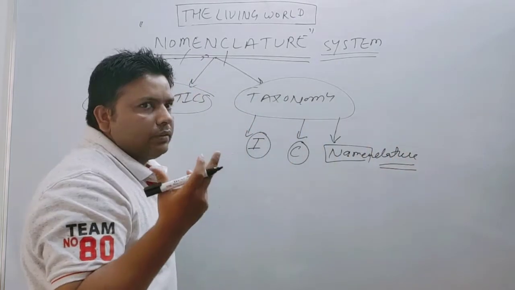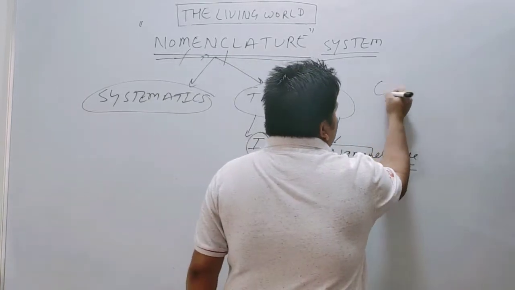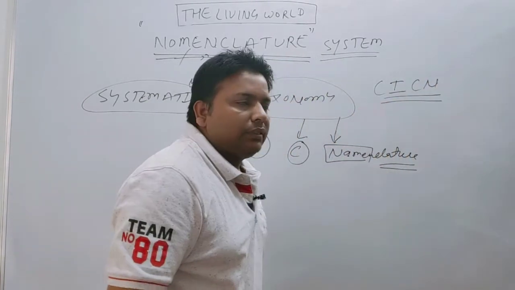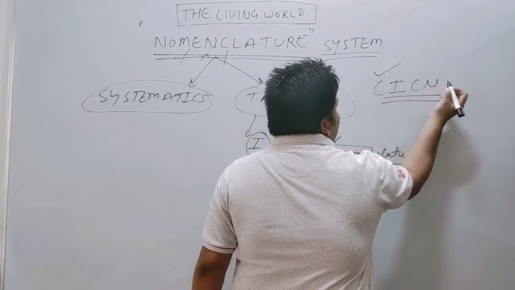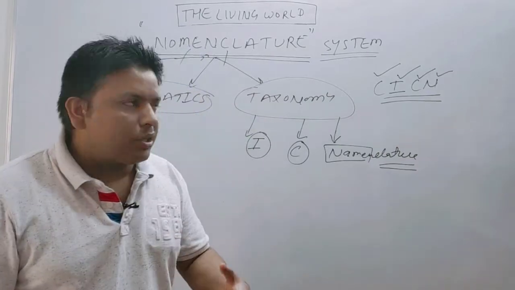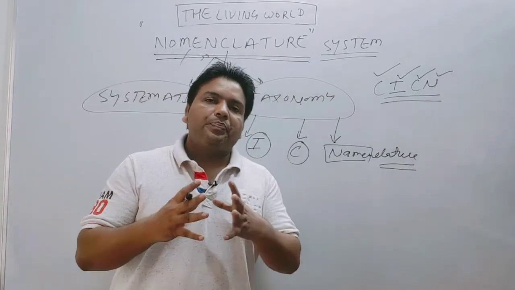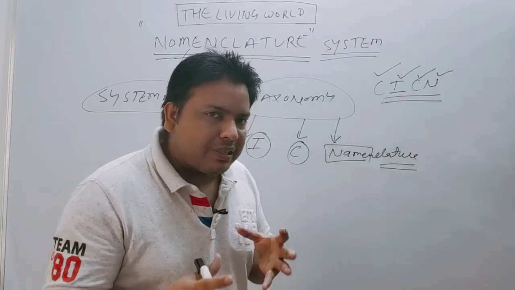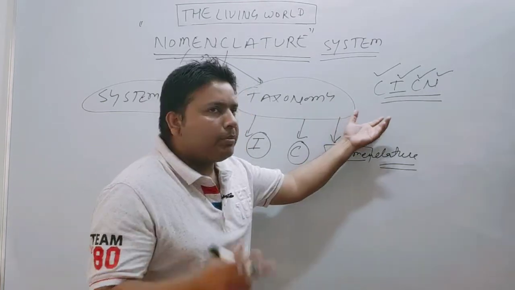एक shortcut trick है, you can learn with that. That is called SISIN: characterization, identification, classification and nomenclature. There has to be some shortcut tricks so that you can learn easily and remember all those concepts.